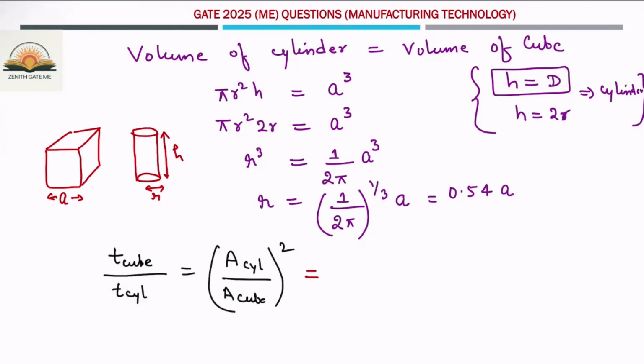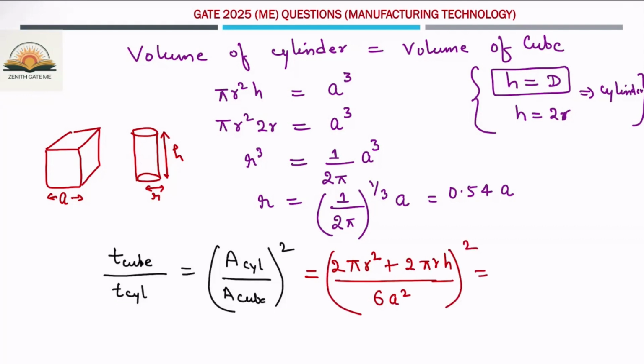Surface area of cylinder is 2 times pi r square, that means this top and bottom, and one will be the curved surface area, that means 2 pi r into h. And what is the area of cube? 6 times a square.